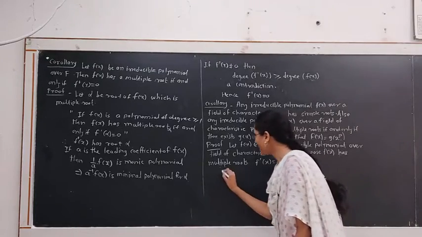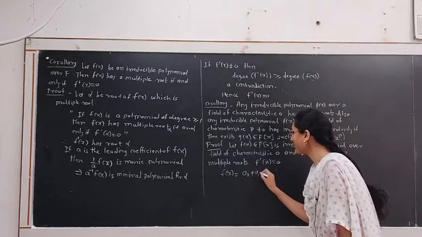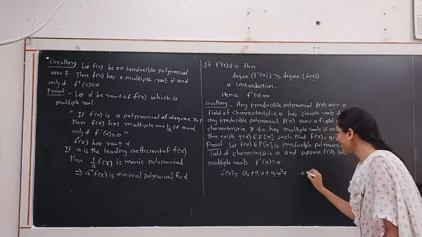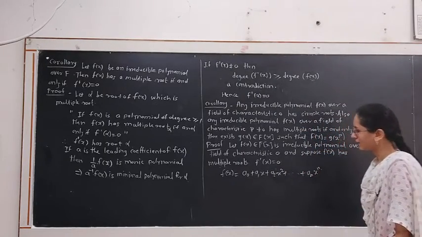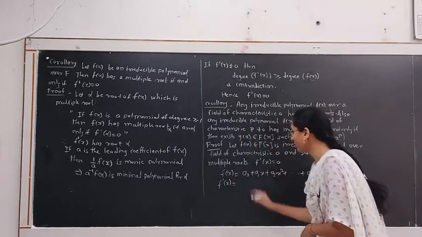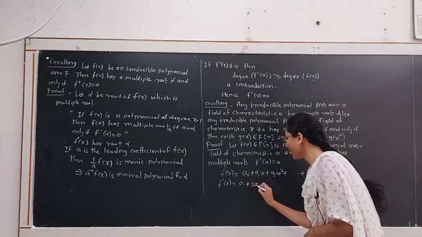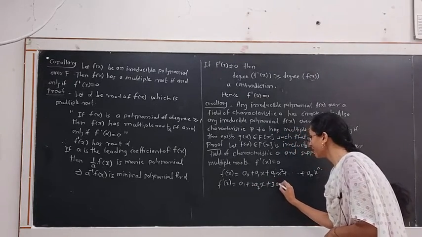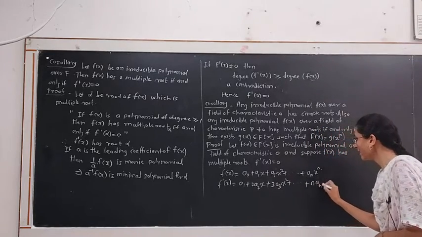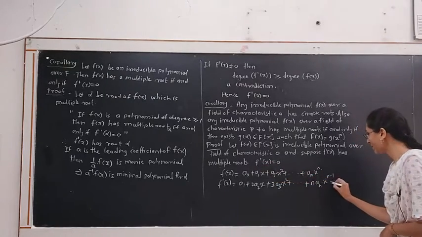If we consider the polynomial f(x) equal to a0 plus a1x plus a2x square, up to degree n, an x raised to n, then f dash x equal to 0 gives the derivative of this polynomial as a1 plus 2a2 into x plus 3a3 into x square plus up to n into an into x raised to n minus 1, and we are comparing this derivative with 0.